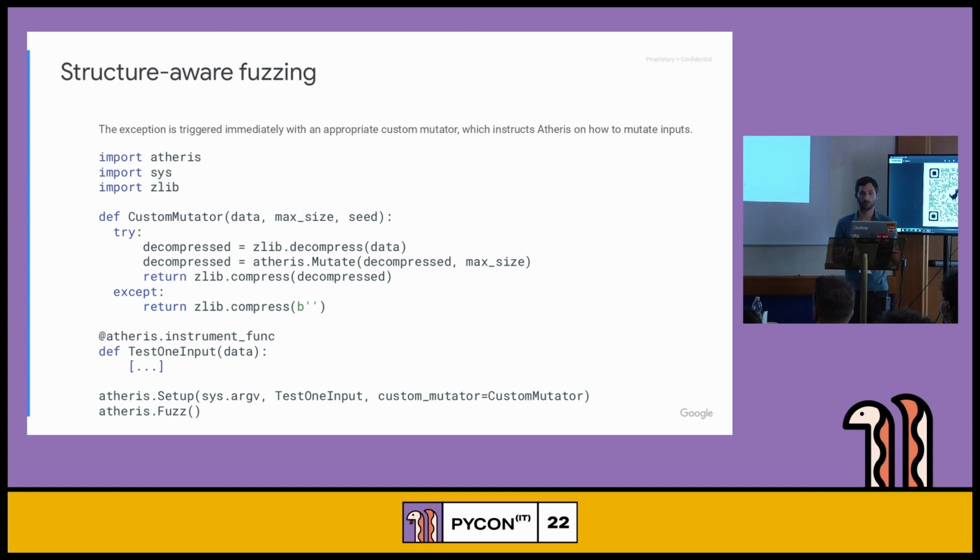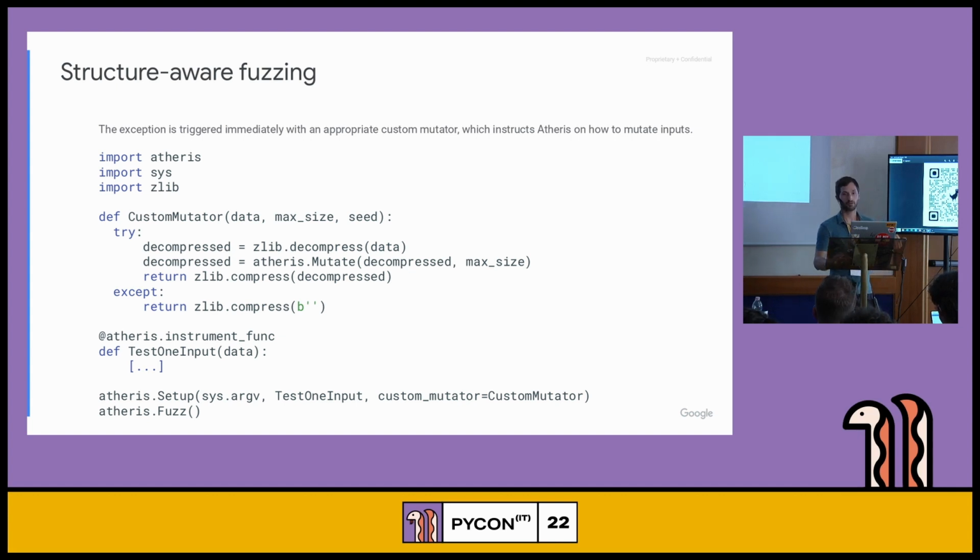Basically, instead of using a random mutation function, you can define your own that will first take the input, decompress it, then mutate it, and then compress it again. And this will be used for mutating the input. This could be application dependent, depending on what you want to fuzz. And this can help you expand the coverage of the fuzzer and be much more efficient.